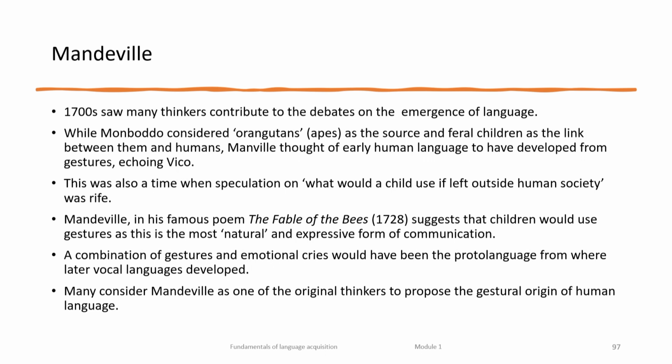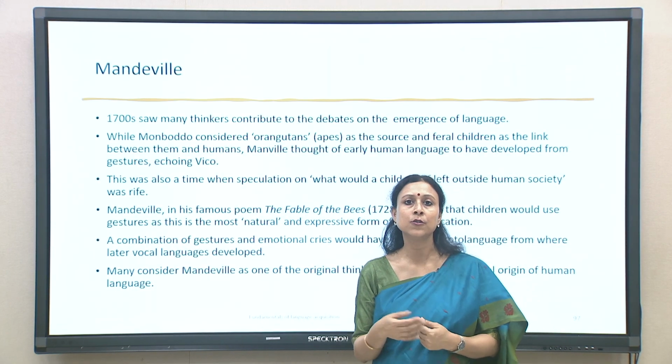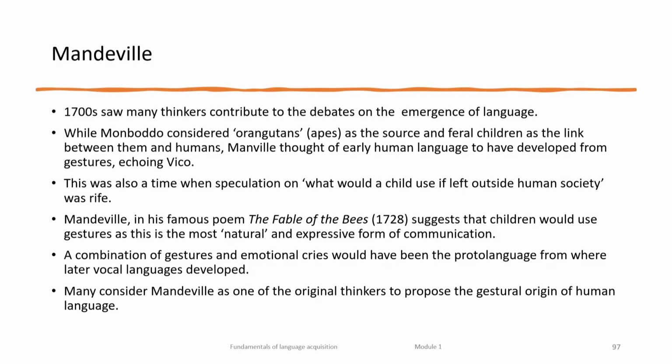This is the slight difference between him and Monboddo. Mandeville, in his famous poem The Fable of the Bees, suggests that children would use gesture as this is the most natural and expressive form of communication, which is not very difficult to understand. You can see small children, before they start vocalizing, do use a lot of gestures like pointing and so on. So, many consider him the original scholar to propose the gestural origin of human language.